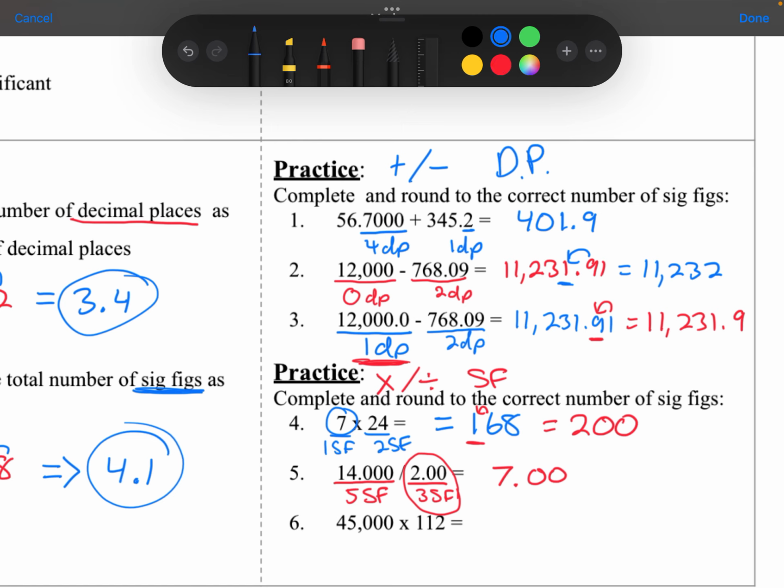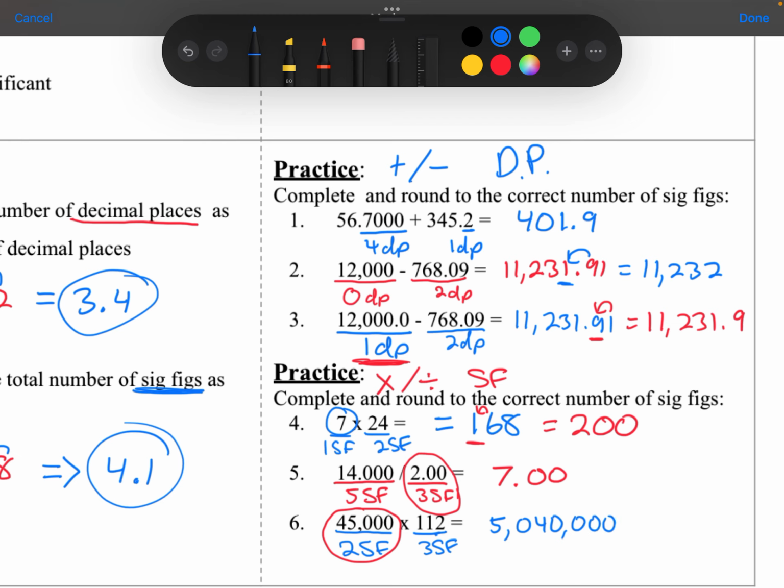Lastly, problem number 6 down here. I have the number 45,000, which has 2 significant figures in it, and I have the number 112, which has 3 significant figures. I'm going to have to round my answer off to 2 sig figs. When I plug this problem into the calculator, I get the answer 5,040,000.